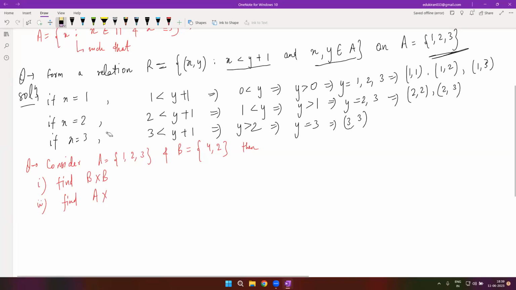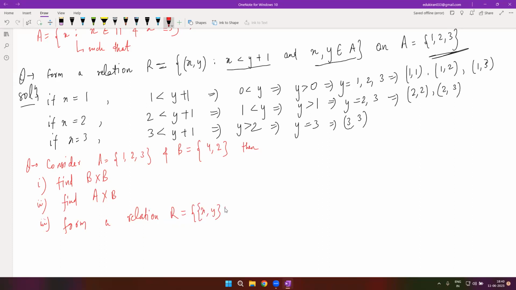Can you solve these two questions first? So we have the set A and set B. Set A is 1, 2, 3, and set B is 4, 2. Then we have to find B cross B and we have to find A cross B. And then we have to form a relation R of the ordered pair x, y.